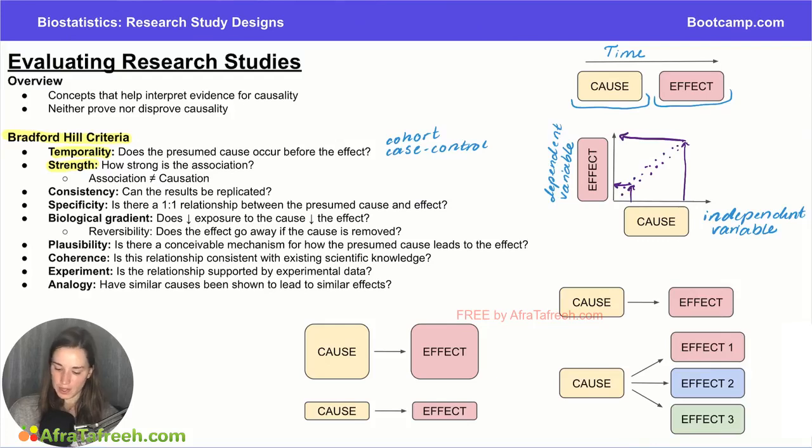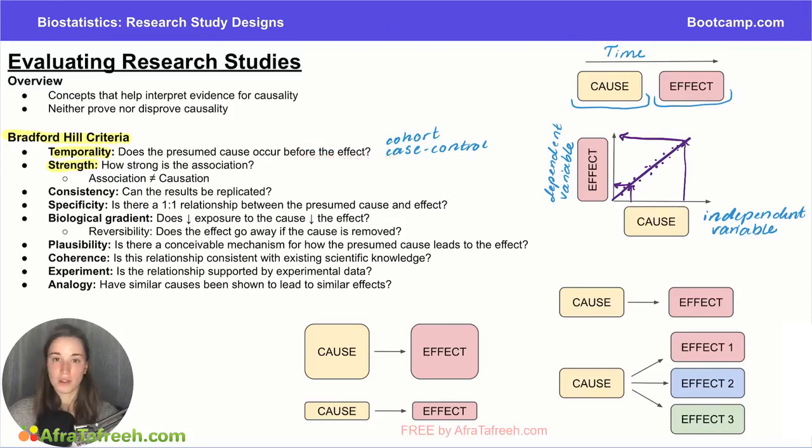Now for this specific data set, we can draw a line through it, and we can see that the line quite nicely predicts the relationship between the independent variable and the dependent variable. This suggests that the independent variable is explaining a lot of what is happening to the dependent variable.